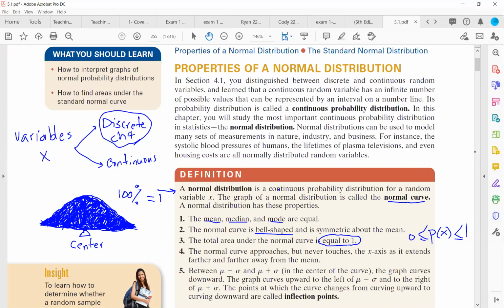Probability is 100% or 1. We shaded all of the graph. Note that we started from the left-hand side to start shading the graph.